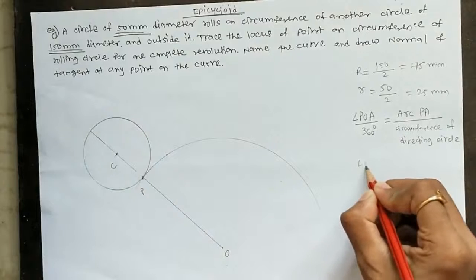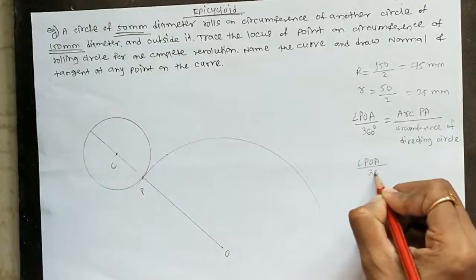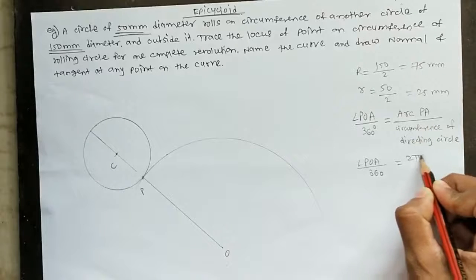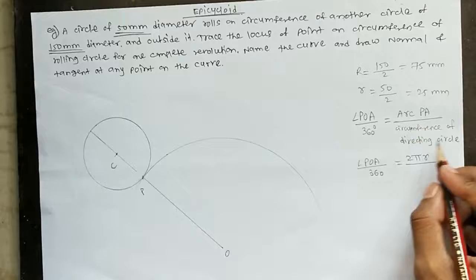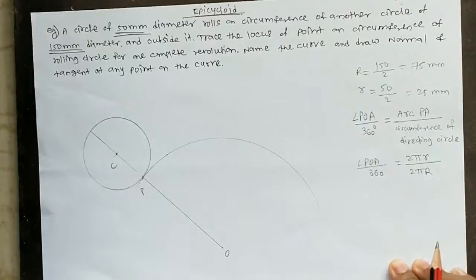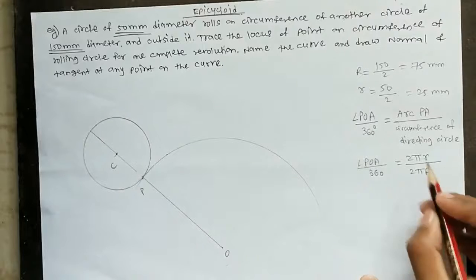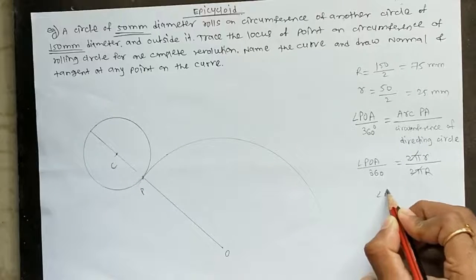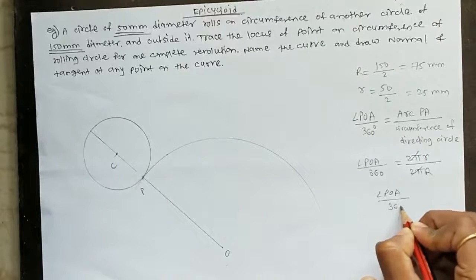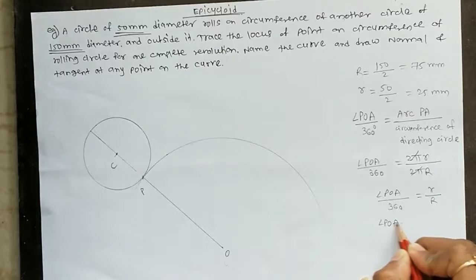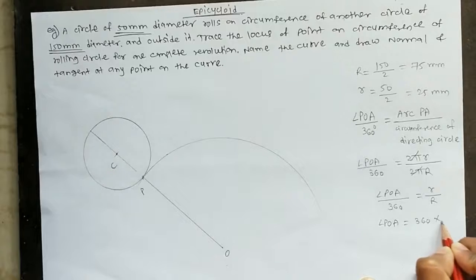So angle POA divided by 360 is equals to arc PA, which is 2 pi small r, and circumference of directing circle as 2 pi capital R. So 2 pi cancel. So angle POA divided by 360 is equals to small r upon capital R. So angle POA is equals to 360 multiplied by small r upon capital R.